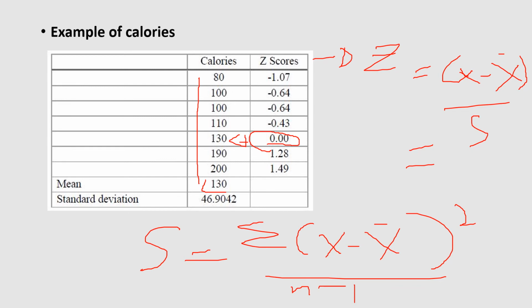Mean becomes the starting point of a given data set if you're using Z-scores. Instead of, let's say, in this raw data, 130 is the starting point, right? The average. But now it becomes 0 in the Z-scores.